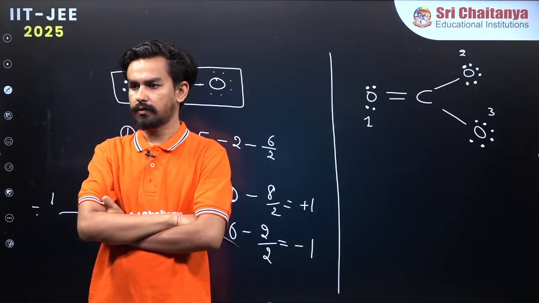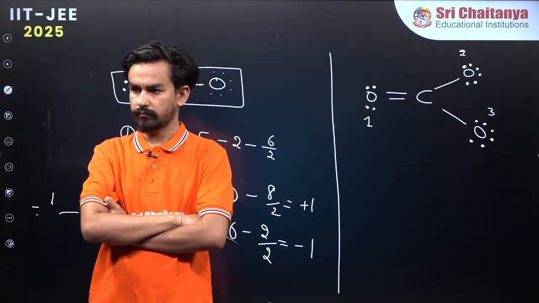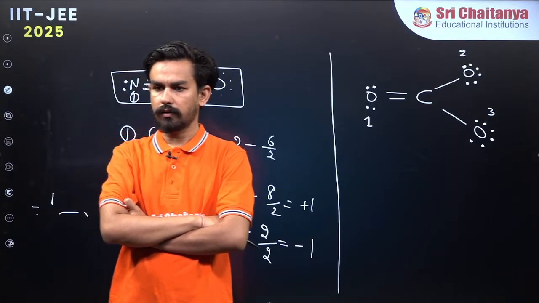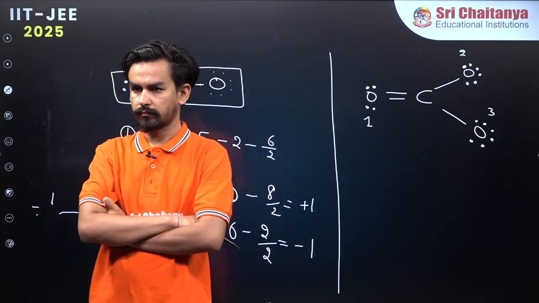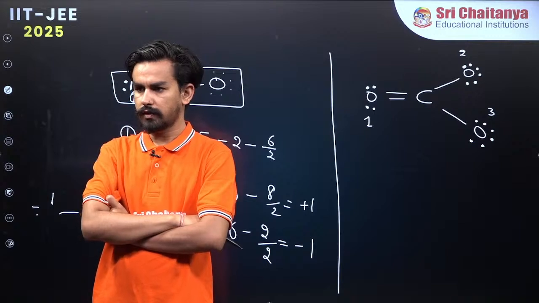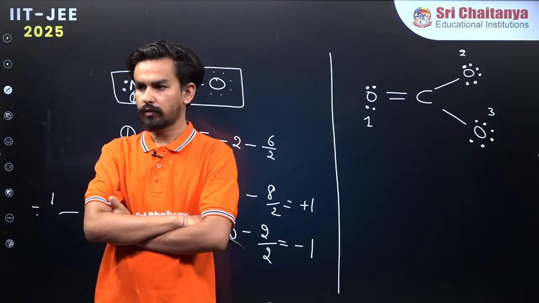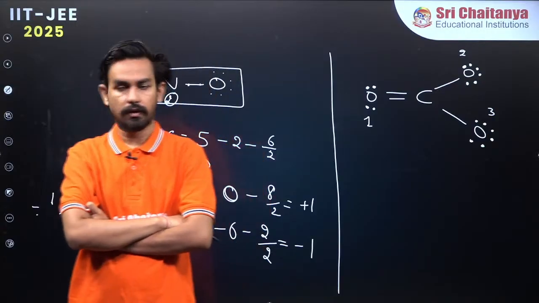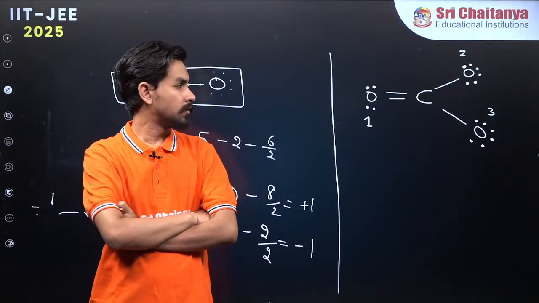Very good, Shrikar, very good. 0, 0, 1, minus 1. Oh, 0, 0, minus 1, minus 1. 0, 0.